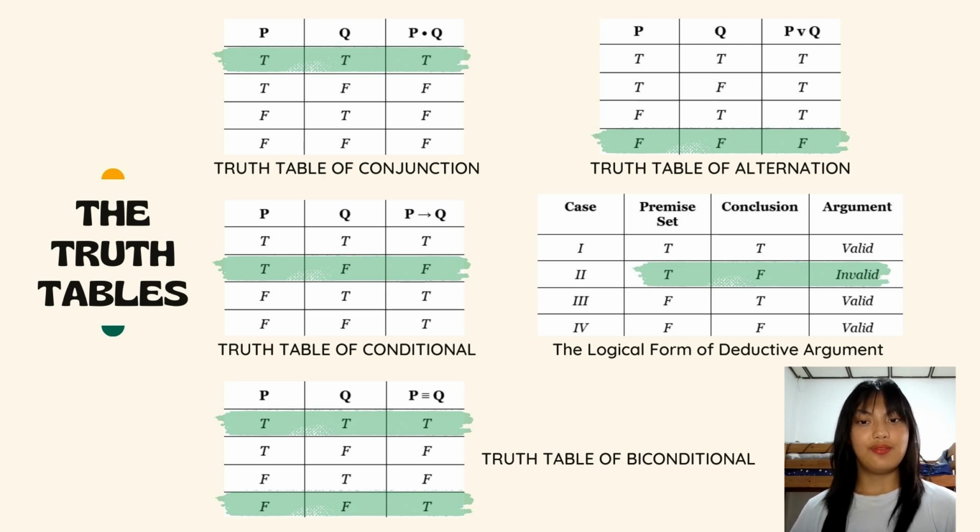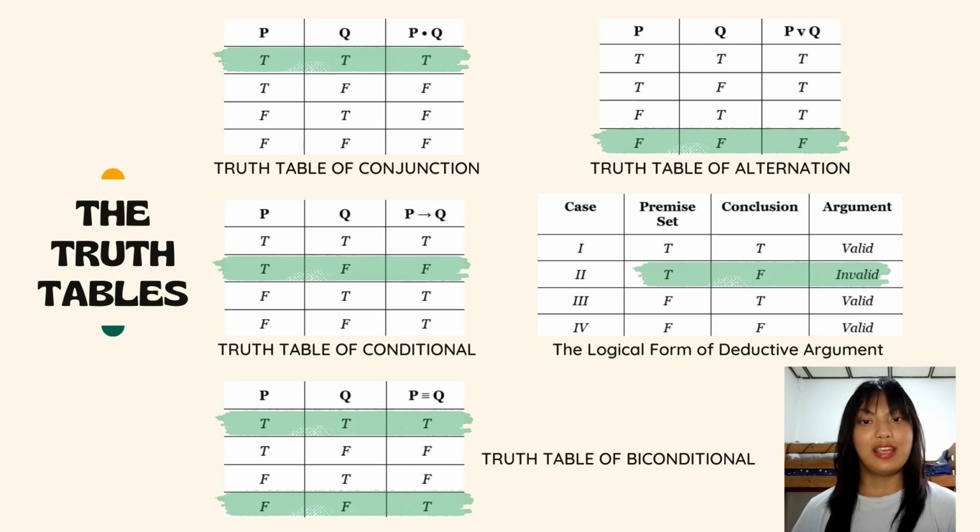Notice how the argument is invalid only when the premise set is true and the conclusion is false, much like when a conditional statement is false, namely when the antecedent is true and the consequent is false. This only means that the table of validity is logically isomorphic with the truth table of a conditional statement.